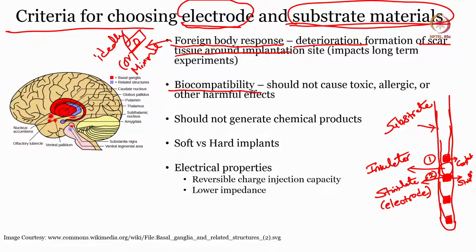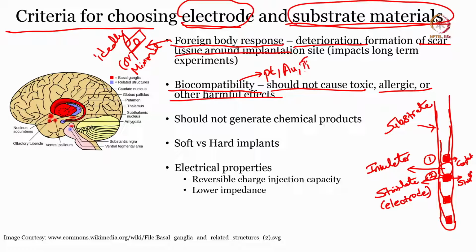The second requirement is biocompatibility. Whatever material you put inside the brain or the body should be compatible, and it should not cause toxic, allergic or other harmful effects. For example, some biocompatible materials are platinum, gold, titanium, which we know.